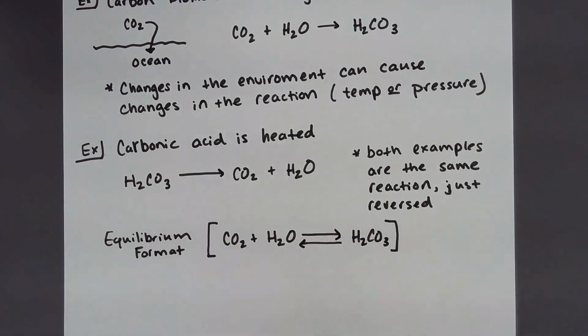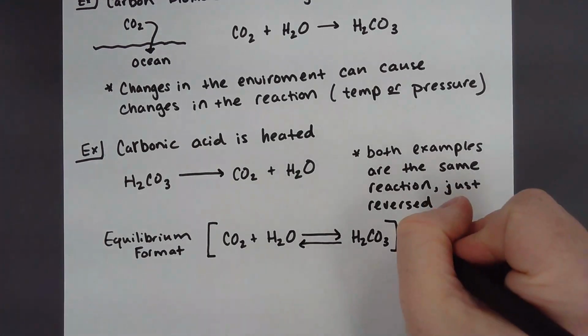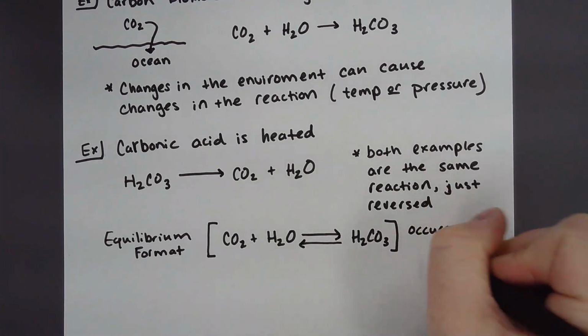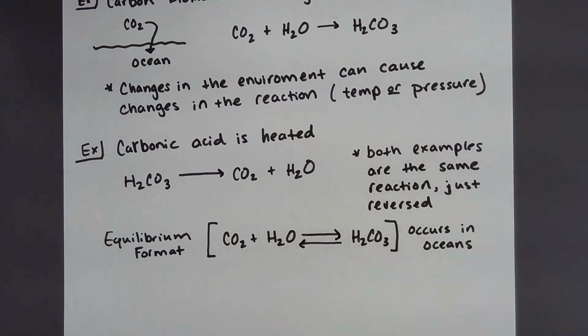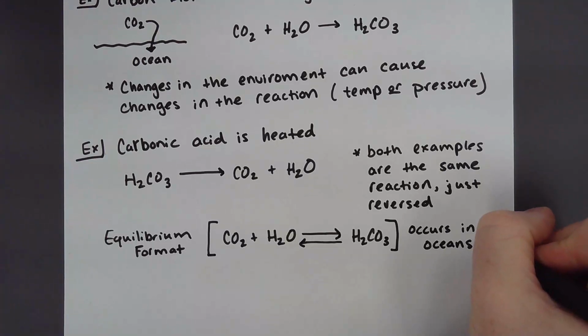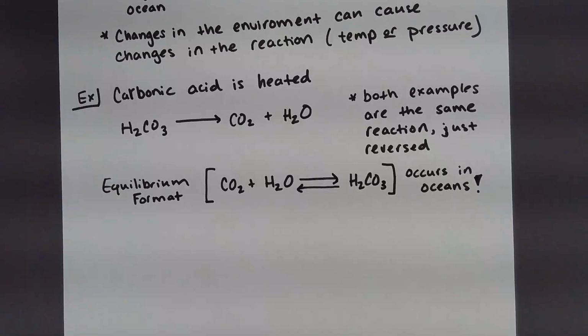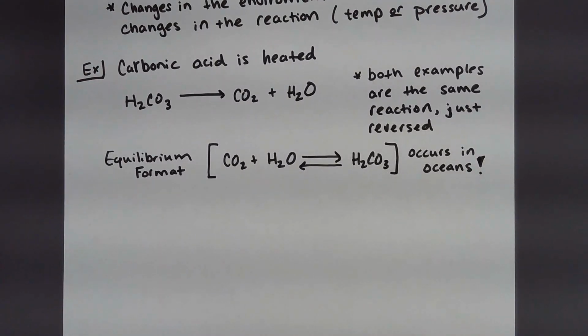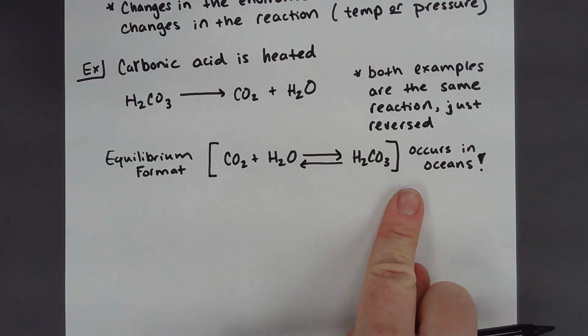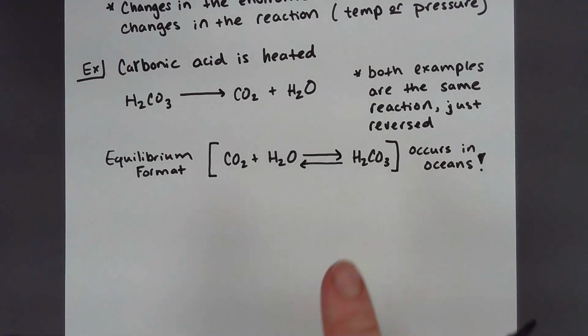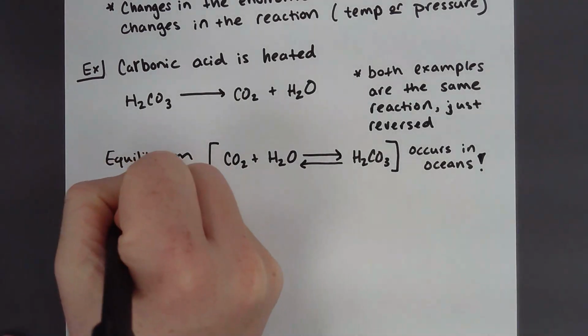And this is always happening. This is occurring in the oceans constantly, both ways. So the ocean is always both absorbing CO2 and making carbonic acid. That carbonic acid is always breaking down and releasing and forming those CO2s. So both parts of this equilibrium reaction are always happening. When they happen at the same rate, this is called the equilibrium point. So that's something we definitely want to understand.